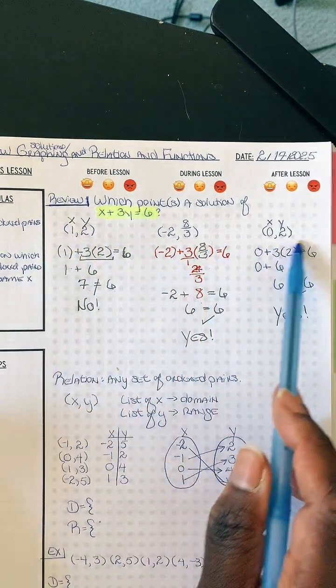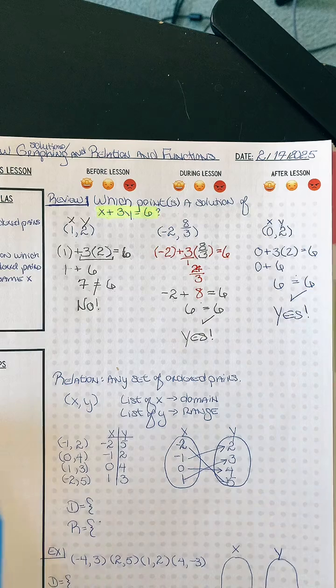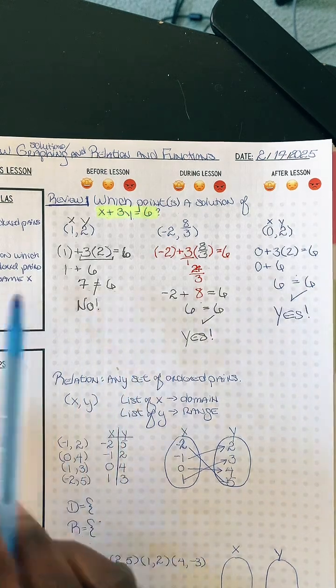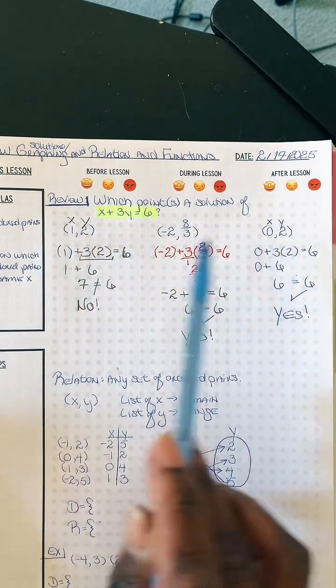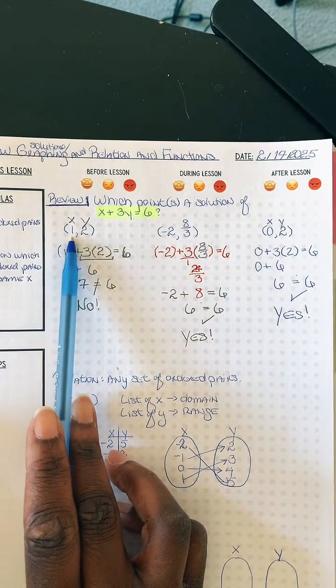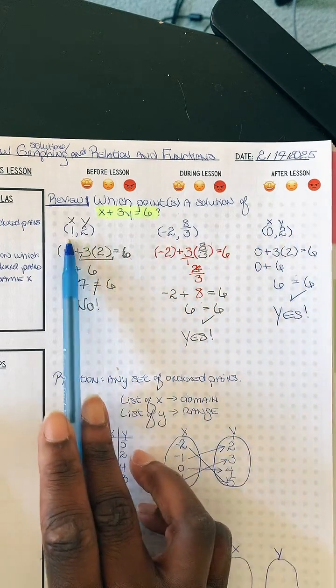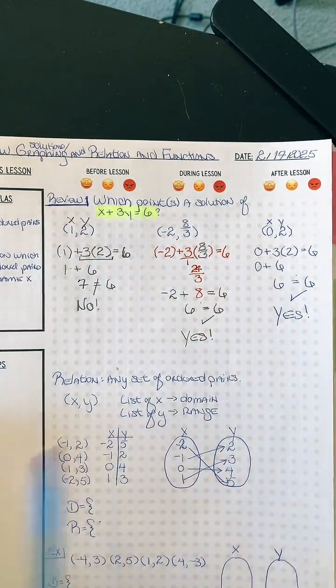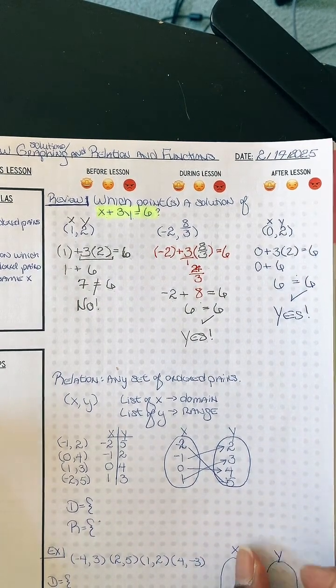If I just grouped all 3 of these together, that's a relation. But a function is a relation where no 2 ordered pairs have the same x value. They cannot repeat your x values. The y's can repeat over and over again, but your x's cannot repeat.